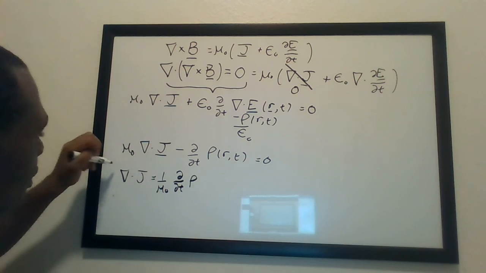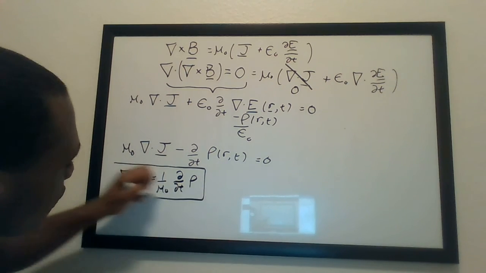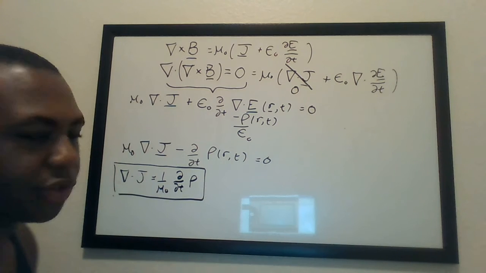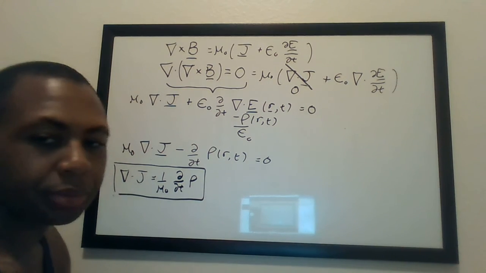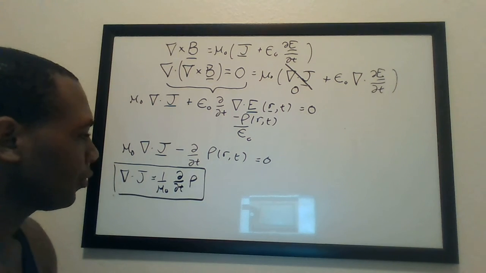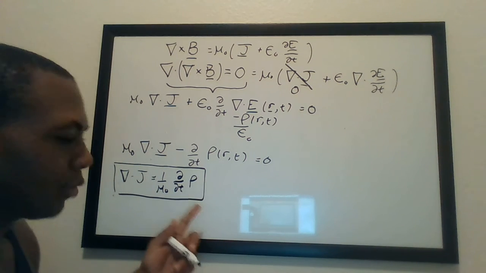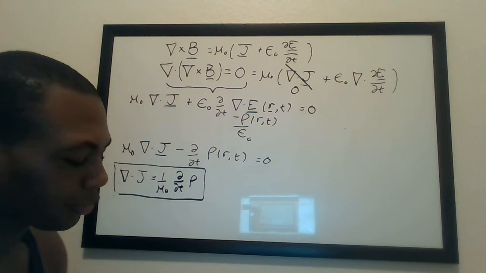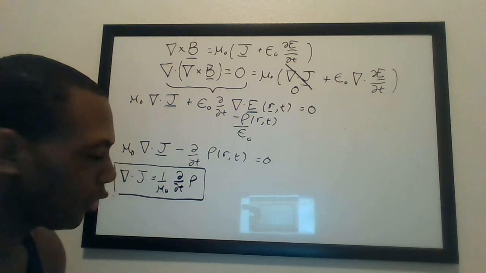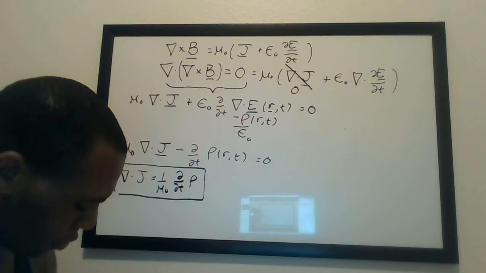The continuity equation, saying that the divergence of the current has to be equivalent to the change of the charge density.